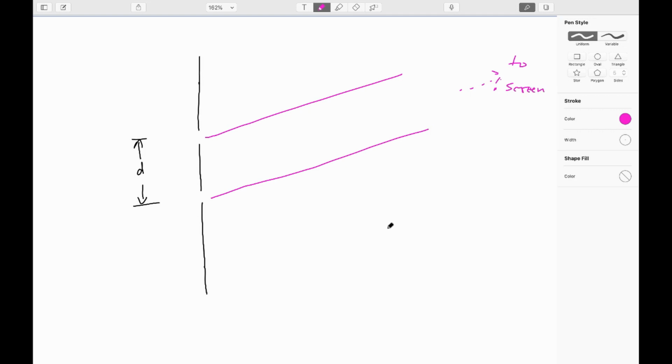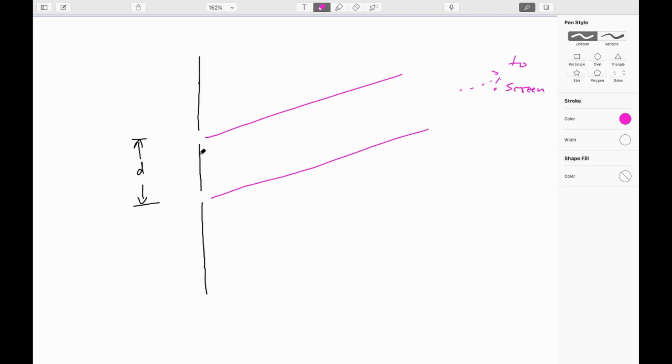However, the screen is probably several centimeters away, and the wavelengths of light are hundreds of nanometers, and the separation between slits is probably on the order of microns, or at least fractions of a millimeter. Either way, the distance between the slits and the wavelength of the light are both very small compared to how far away the screen is.